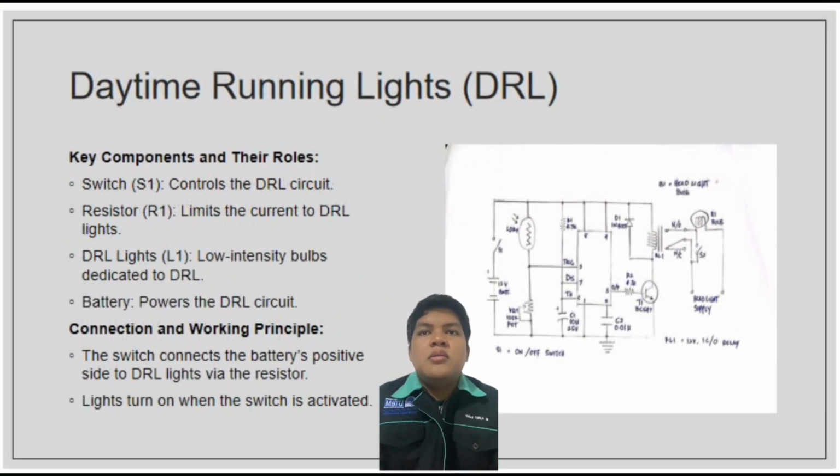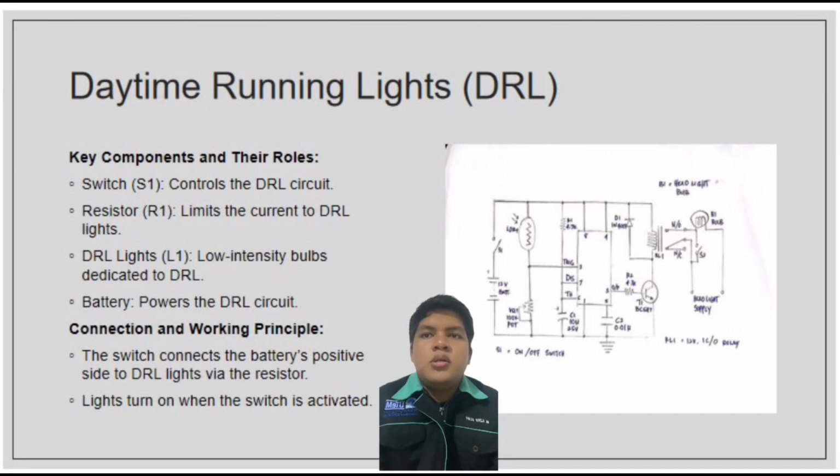Key components and their roles. First, switch: controls the DRL circuit. Second, resistor: limits the current to the DRL lights. Third, DRL lights: low intensity bulbs dedicated to DRL.